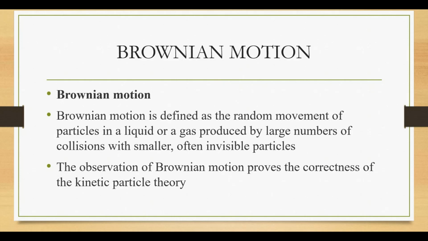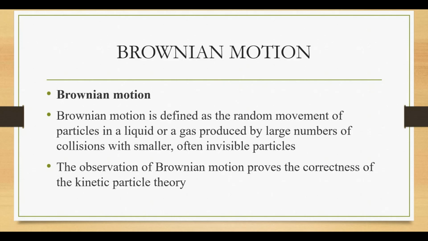This made the scientist wonder why, and he figured it out. Remember the kinetic theory of matter? Particles are always in constant motion. This meant that the water molecules were bombarding the pollen grain in random directions to cause the movement observed above. This clearly explains Brownian motion.